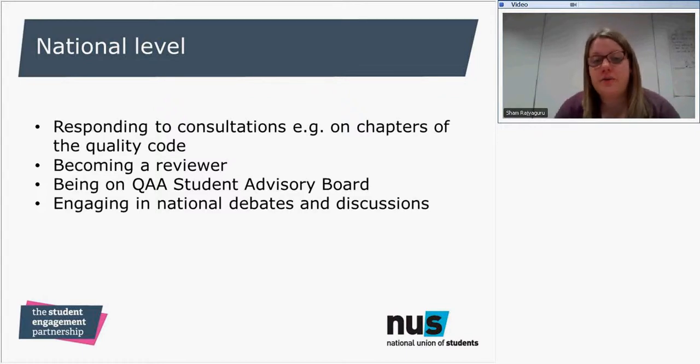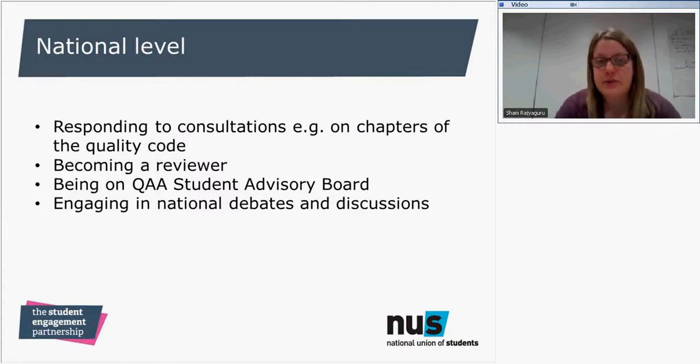So students are treated as full members of the review panel, and something that Catherine Boyd from QAA could talk about in a bit, but they are actually recruiting right now for student reviewers. So if you are a student yourself or work with students, and that can include sabbatical officers that you think would really benefit from, would be very good as a reviewer, then please push them towards the opportunity.